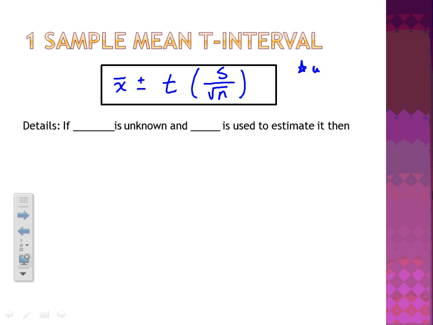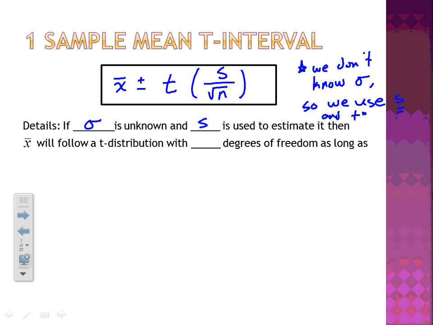So we don't know sigma, so we use S, and like a t star value, if you want to put it that way. So if sigma is unknown and S is used to estimate it, then it's going to follow that t distribution.